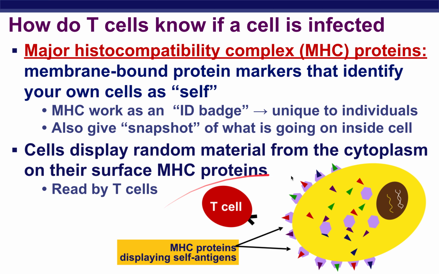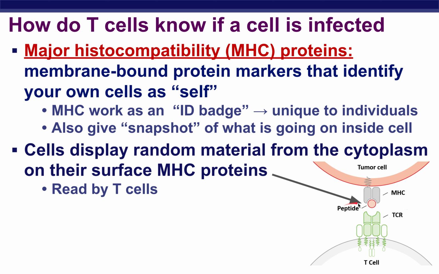And the T cells will check the MHC proteins for the correct ID, and they will also check the random stuff those MHC proteins are holding up to check if the proteins being made by your cell are normal. Okay? So the MHC protein is the ID badge, and this ID badge is required to show whatever's randomly happening inside the cell.